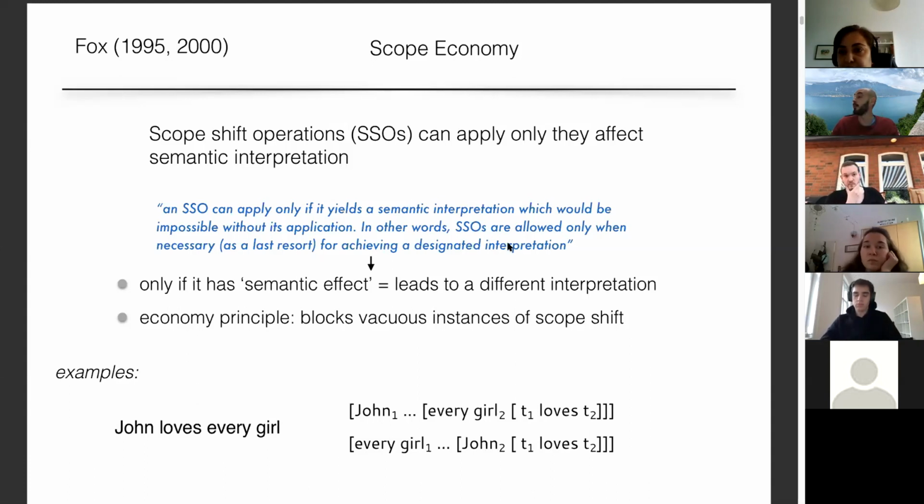I'm not comparing John with the boy. I'm comparing John in wide scope position and John in narrow scope position with respect to every girl. Okay, sorry, I understood. No problem. So, do you see any difference between these two interpretations?